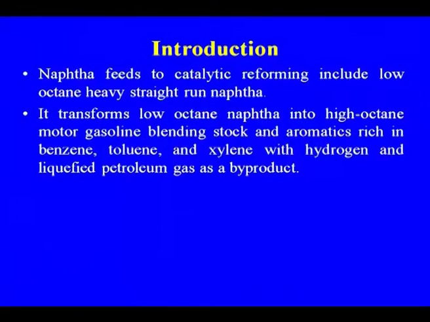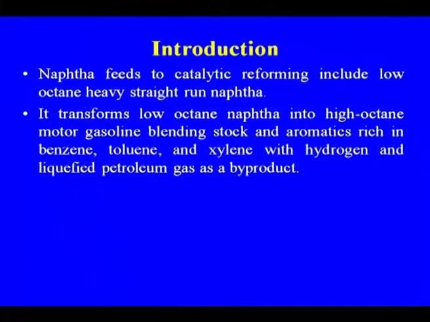Naphtha feed to catalytic reforming includes low octane heavy straight run naphtha, because the light naphtha, which has a higher octane number, sometimes we call it the gasoline also, goes to the gasoline pool; that is what we call straight run gasoline. But the medium and heavy naphtha go to the catalytic reforming process, or now we are also going for isomerization of the naphtha.